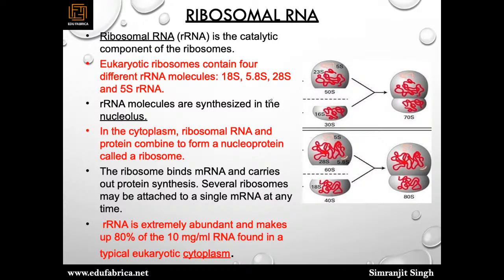Then comes the third type of RNA, that is ribosomal RNA, which is a catalytic component of your ribosomes, and it is majorly of two types, 70S and 80S, made up respectively of 50S and 30S, 60S and 40S. So in the cytoplasm, ribosomal RNA and protein combine to form a nucleoprotein called the ribosome, and ribosomal RNA is extremely abundant.